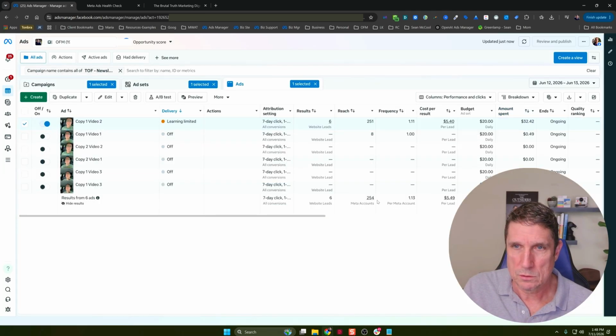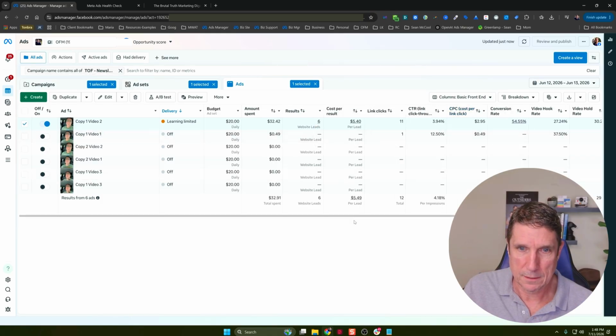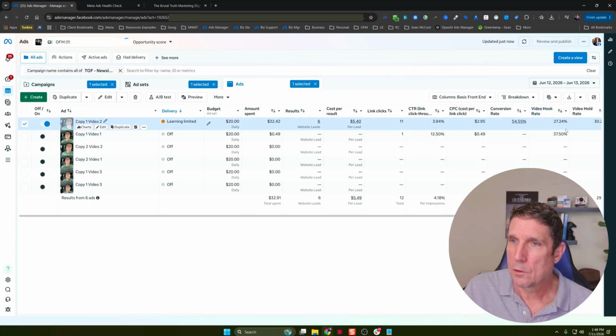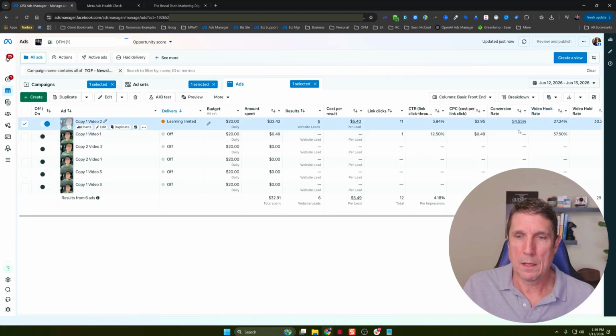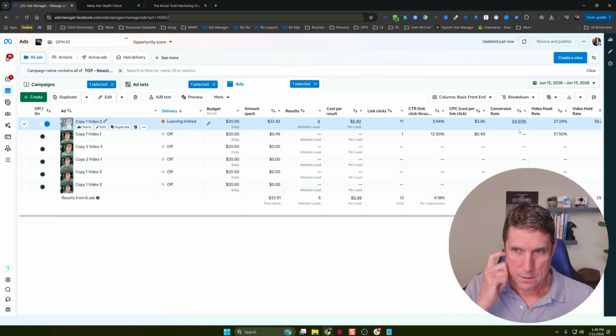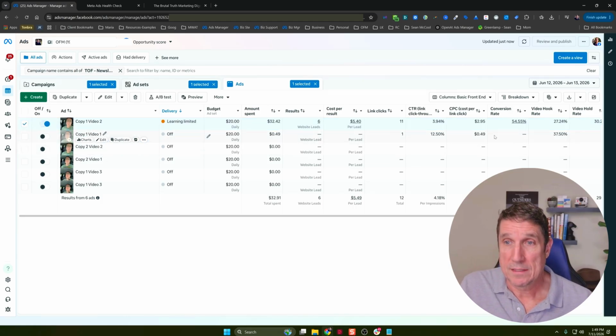Then you can name it. I named this basic front end. The conversion rate, hook rate, and hold rate are all custom metrics that you have to input the formula for. They're not difficult at all, but you do have to input that. I can show you how to do that in another video if you want, just let me know. That's how I had this set up.